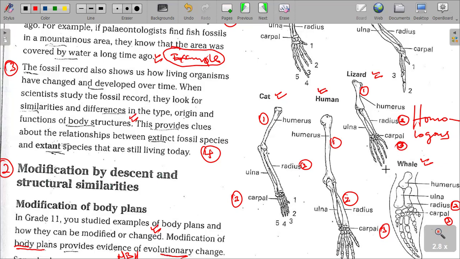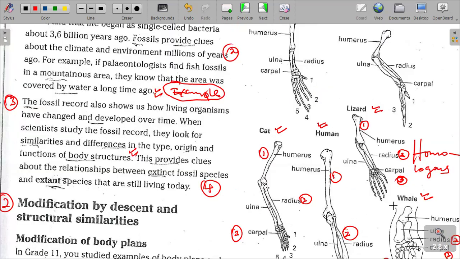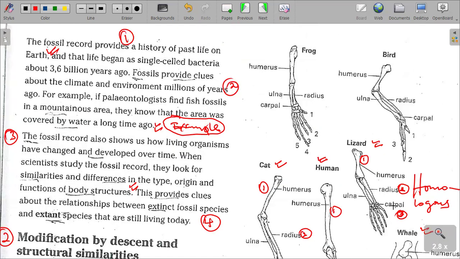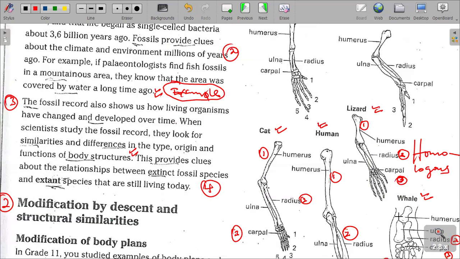These are all similar structures, showing there is similarity in these organisms. Where I've marked 1, 1, 1, 1, 1, it means this is a similar bone found in all these different organisms, indicating homologous structures.